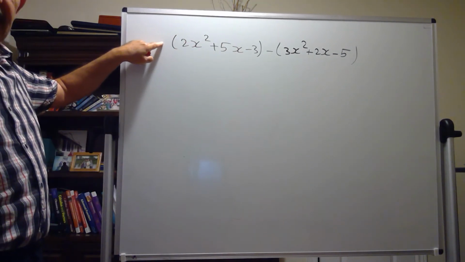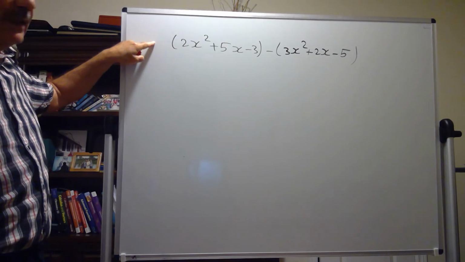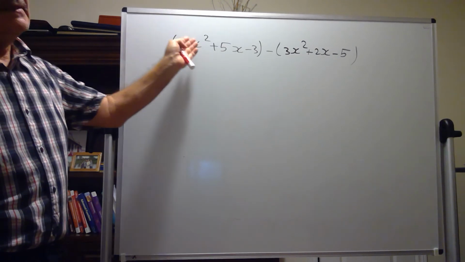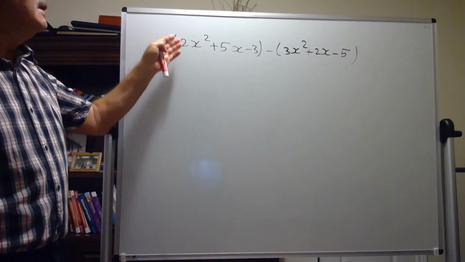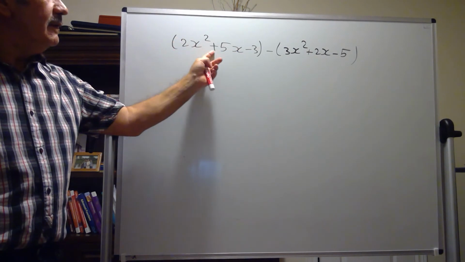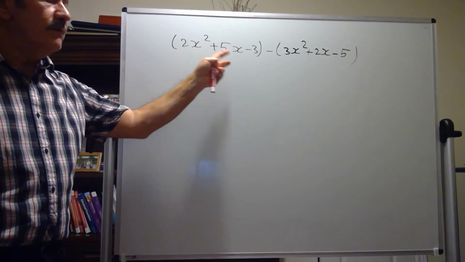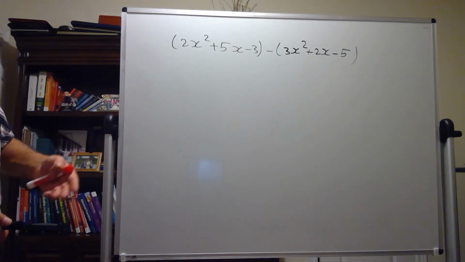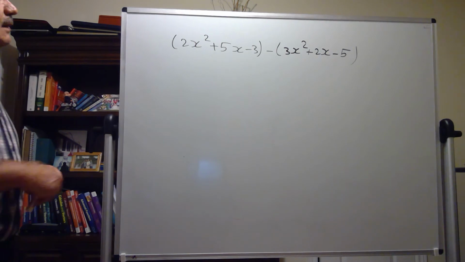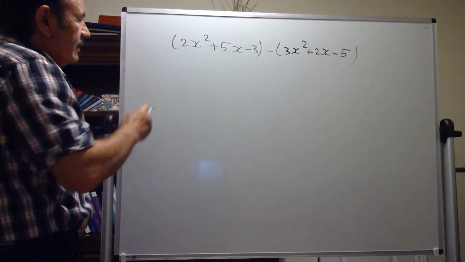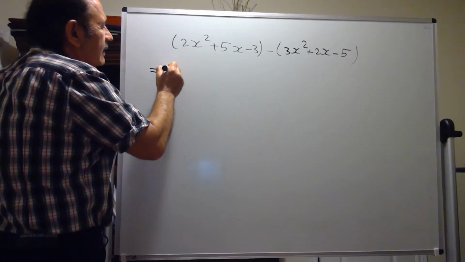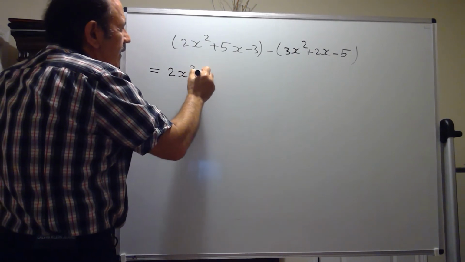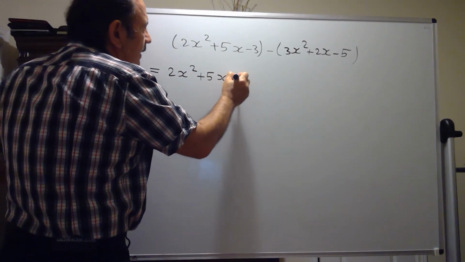If we have a negative sign here, we should multiply this negative by everything inside the bracket, or remove the bracket but make the sign of all the terms inside the bracket opposite. But in this case, it is positive before the bracket, so just easily remove the bracket: 2x squared plus 5x minus 3.